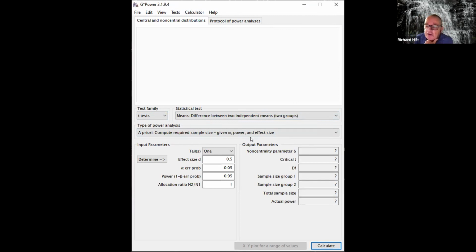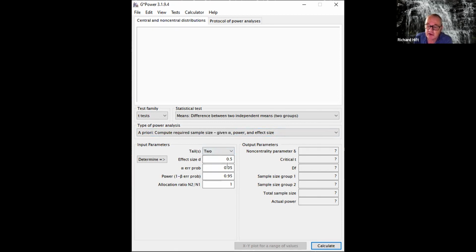Right. But now it's giving me the choice of what I want to calculate. Compute required sample size, given alpha, that's the 0.05, power, and effect size. So that's the one we normally go off to the statistician with. Make it a two-tailed. Let's say the effect size is moderate, okay, 0.5.